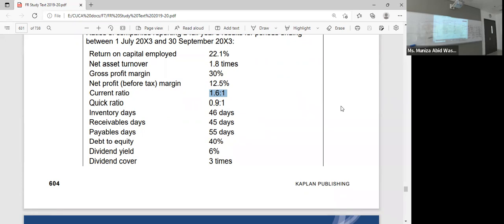1.2, as per so many theorists, if your current ratio is 1.2, the organization is in a secure position. It means that the organization is having 0.2 times, 20% more assets than its current liabilities. Whenever the current liabilities are going to fall due, the organization would be able to pay them back. 1.2 means that the organization is having 20% more current assets than its current liabilities.